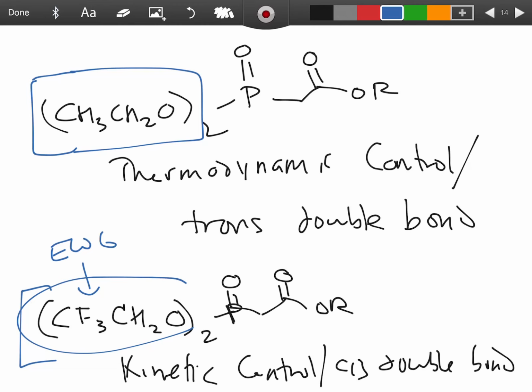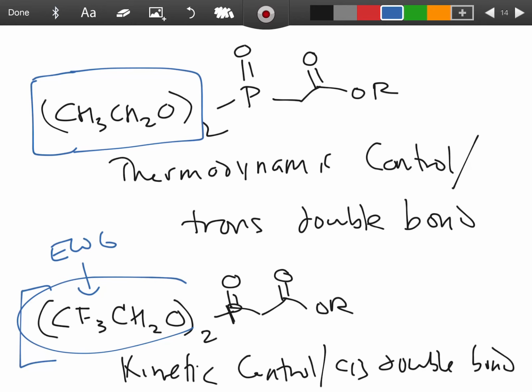Should I put discodermalide in here again? So this double bond right here, this cis double bond, that's the one they want to make with the Horner-Wadsworth-Emmons reaction. Their whole point of their paper was they said, hey, people make this double bond all the time with Wittig reactions, but their E to Z ratio isn't great.